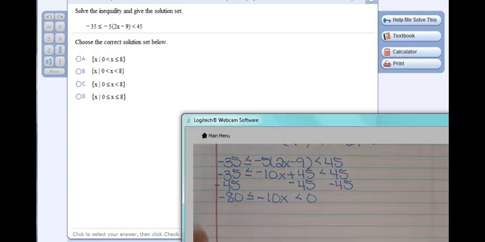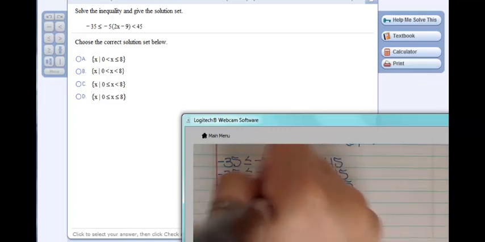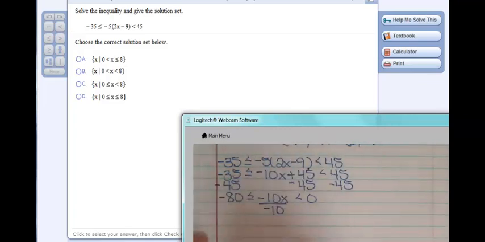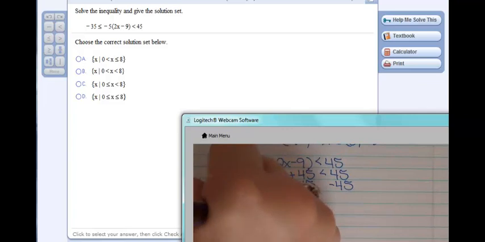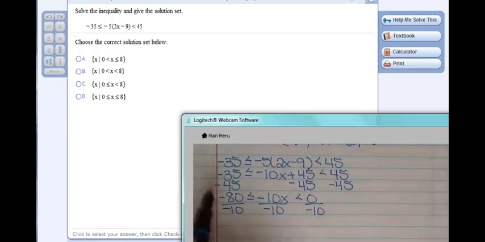Okay? Now, to get x by itself, if we're just looking at this, what would we do? We would divide by negative 10. So if we're going to divide by negative 10 in one spot, we have to divide by negative 10 in all of them. So negative 80 divided by negative 10 will give us a positive 8.